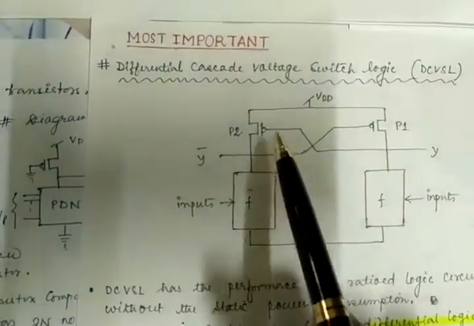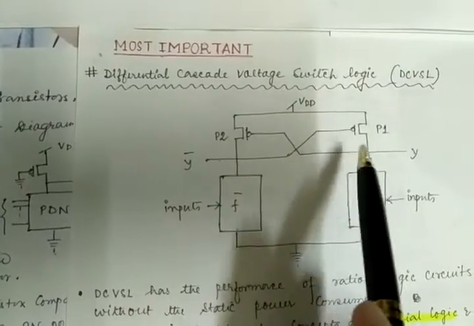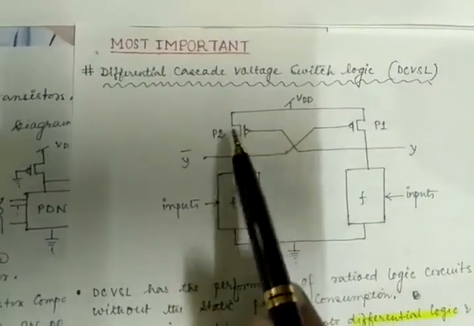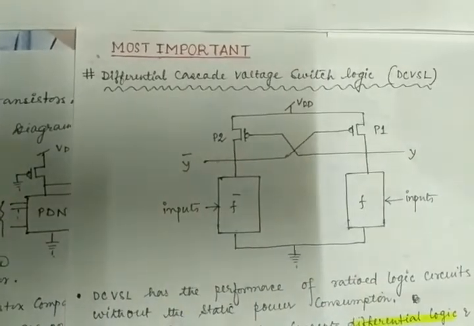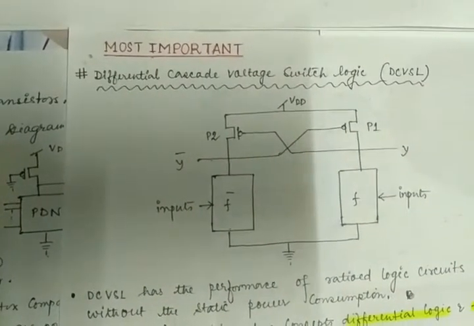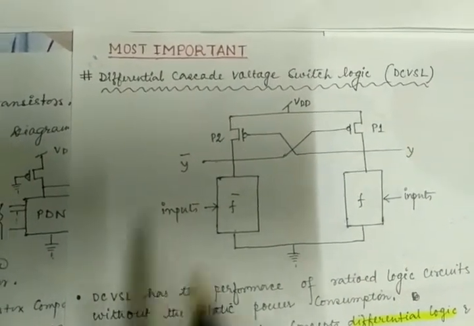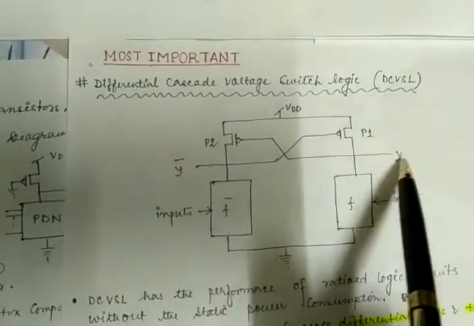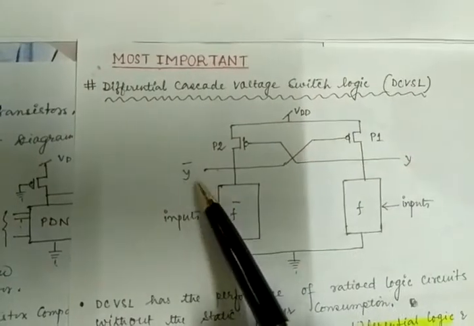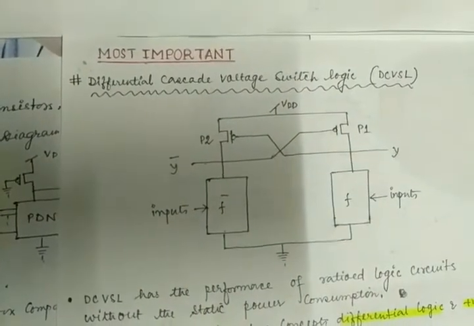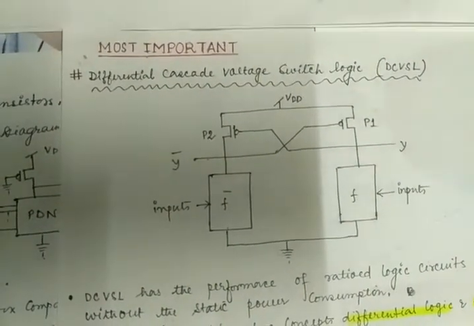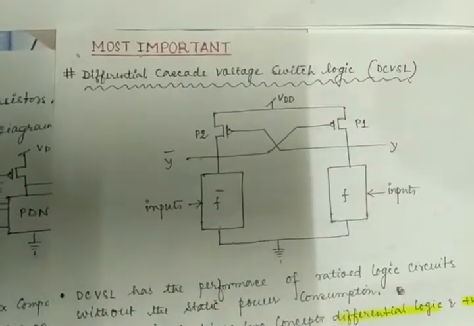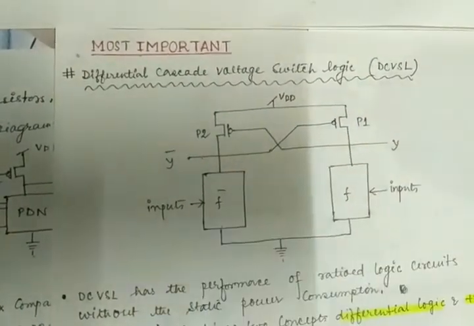So in the PMOS transistor gate terminal, this 0 is coming. So PMOS gate 0 means this P2 transistor will be on, and to pull the opposite output, that means Y bar will be equal to high. So at a time we are getting Y equal to 0 and parallelly Y bar equal to 1, and without any static power dissipation, because we have already discarded this load resistance, this load device, by using this feedback mechanism.